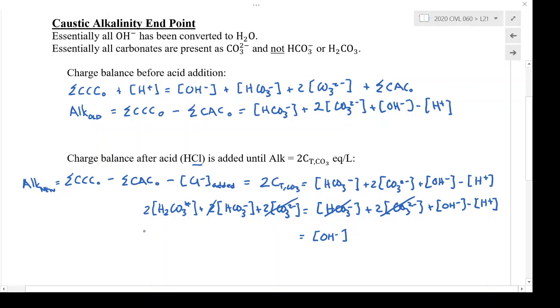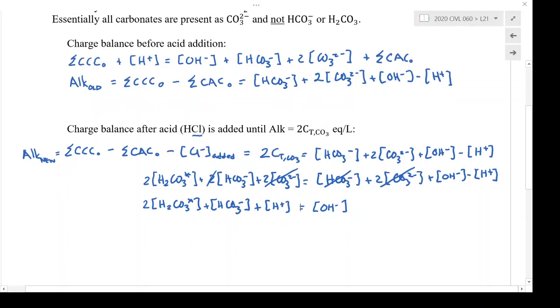On the left side, I have two carbonic acids, and then I still have a remaining bicarbonate. And then I'm going to put the hydrogen ion over here so everything's positive in the equation. Now I actually have a proton condition for the caustic alkalinity endpoint.